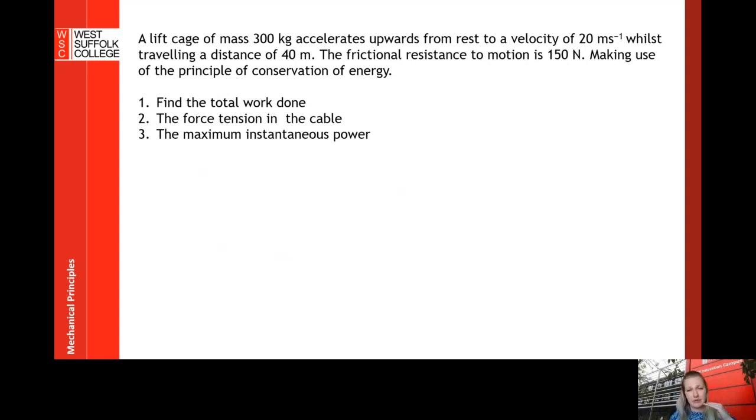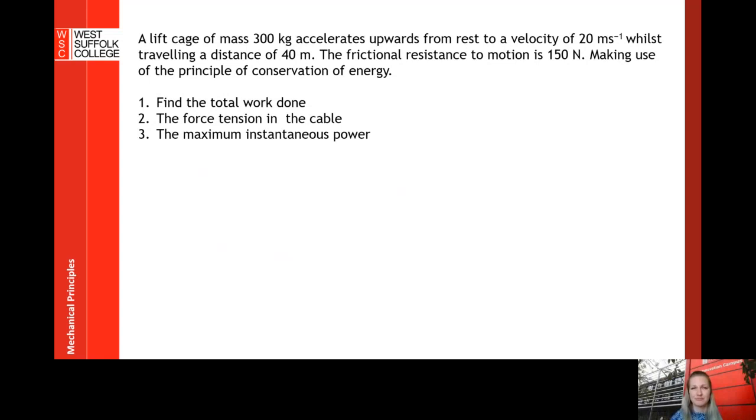Whilst it's travelling, it encounters a frictional resistance of 150 newtons. Remember that we need to use the principle of conservation of energy in this question. From that, we need to work out three things: the total work done, the force tension in the cable, and also the maximum instantaneous power that is being produced.